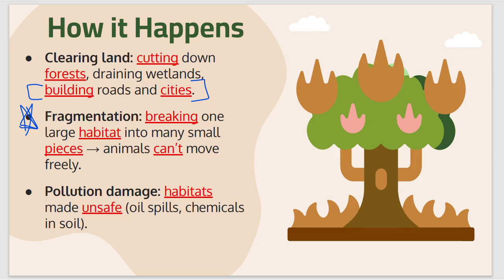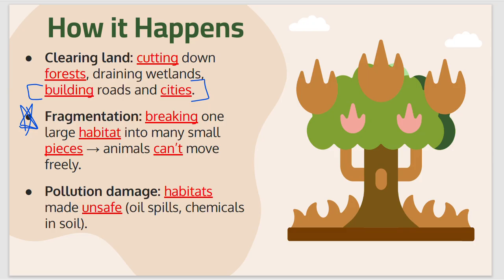Then pollution damage. This is basically when a habitat has experienced so much pollution that it is made unsafe. Therefore, the habitat is destroyed for those living things that used to have it.